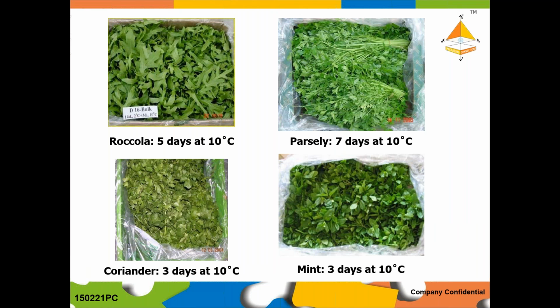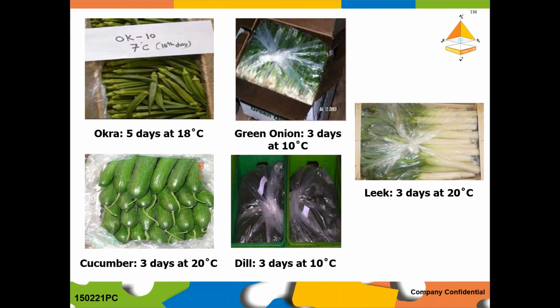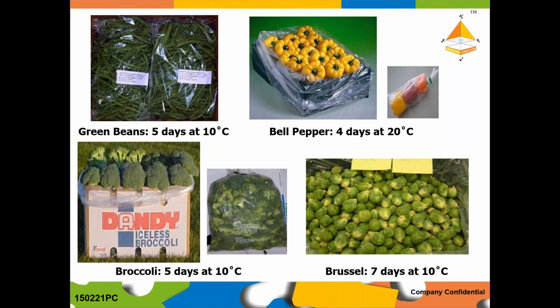These are the leafy ones: parsley, mint, coriander, rucola, okra, green onion, leek, cucumber, beans, bell pepper. So 4 days at 20 degrees. Broccoli.